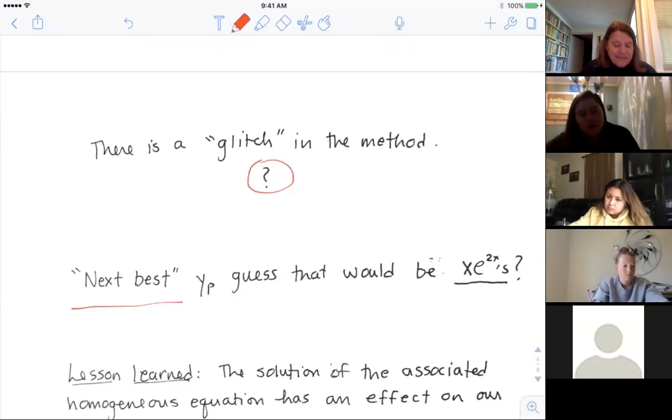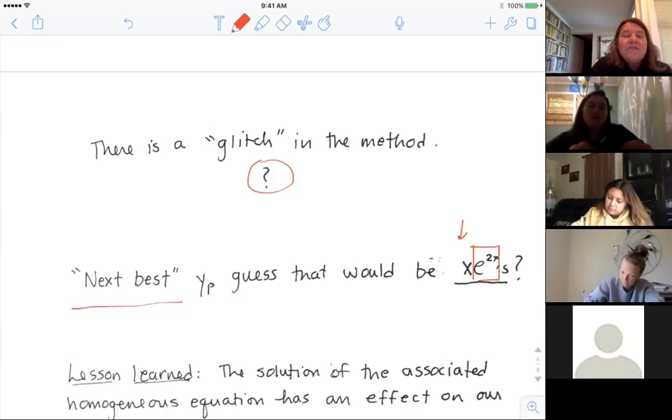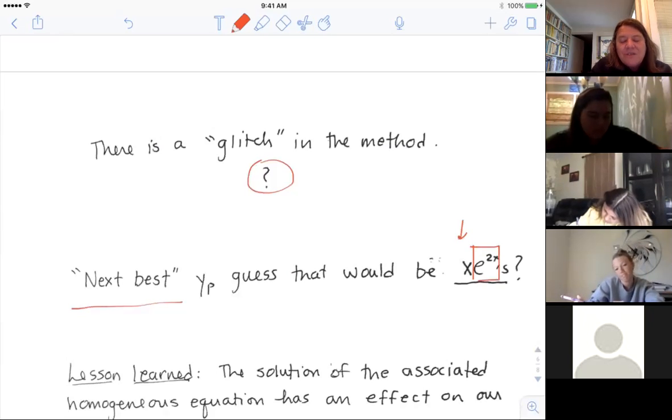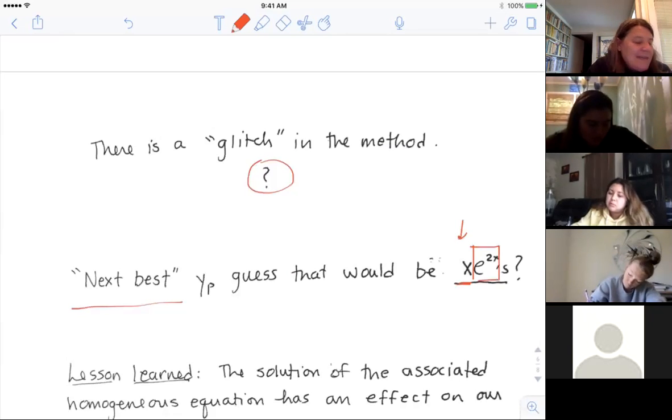The next best thing, and the next simplest thing you could do, is take your original guess and instead of multiplying it by a constant, now the constant doesn't work because if it's a solution to the homogeneous one, any constant times that is going to be a solution to the homogeneous. I'm going to add something that's non-constant here and it'll be a power of x. In this case, that will allow me to avoid anything that was in that original guess.